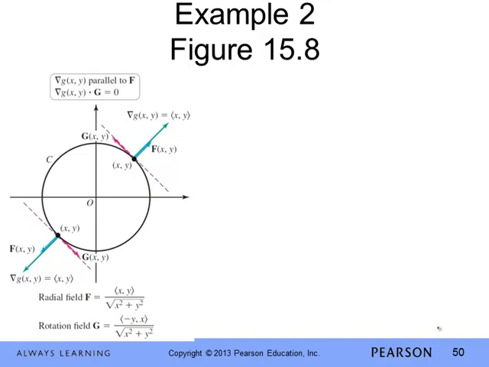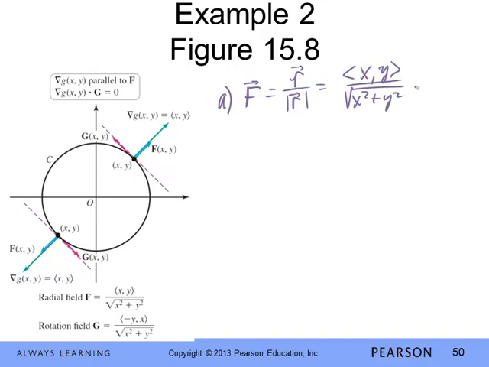Part A, show that at each point of the circle, the radial vector field f equals r over magnitude r is orthogonal to the line tangent to C at that point. Now r, of course, is the vector x comma y, and the magnitude is the square root of x squared plus y squared.